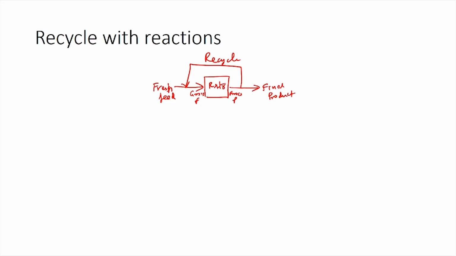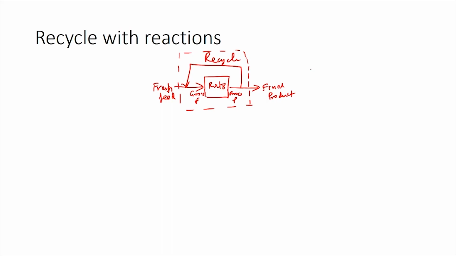So when we were talking about the overall fraction conversion, we would assume the entire process as one single system. So this is the overall system. For the overall system, what we have is fresh feed which contains reactants entering, and you have the final product which is leaving. So all the reactants which are consumed within this process are taken in the numerator, and the reactants which are fed through the fresh feed are taken in the denominator to calculate the overall fraction conversion.